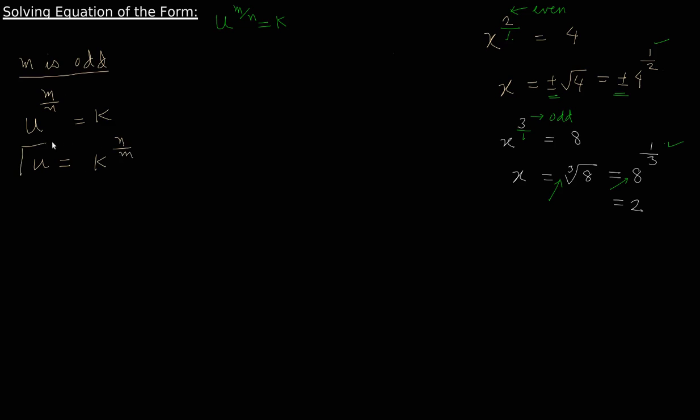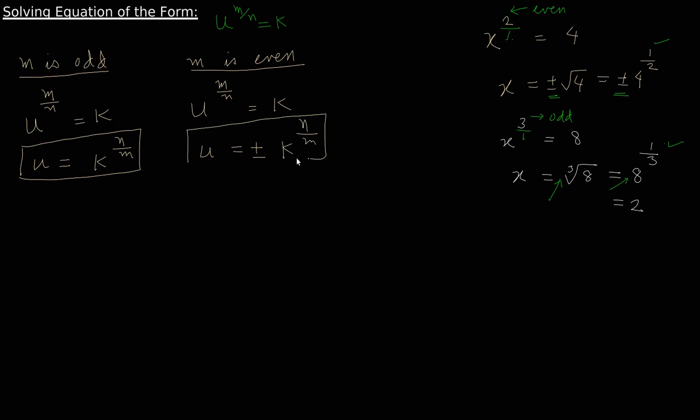Now if m is even, then the solution for u power m over n equals k is going to be u equals plus minus k power n over m. Okay, so these are the two formulas we are going to use to solve problems.